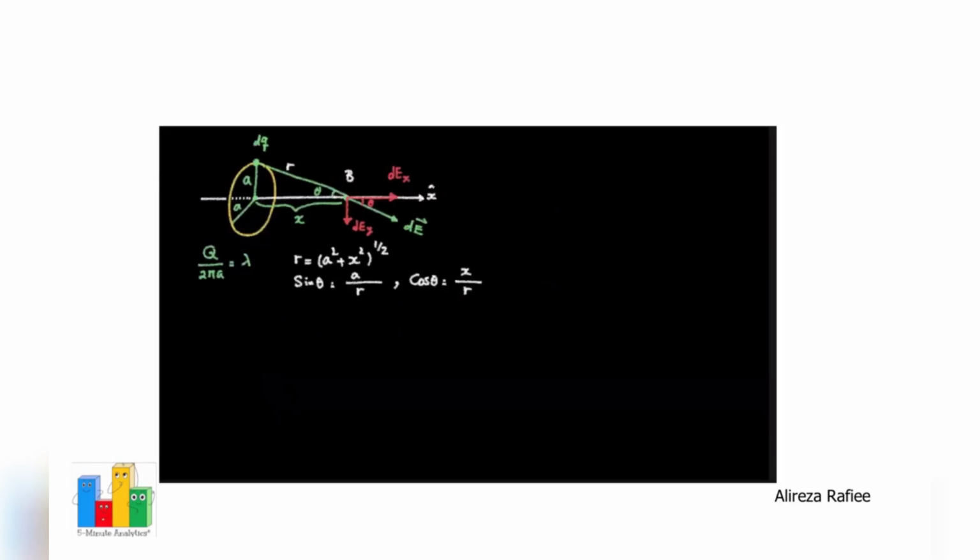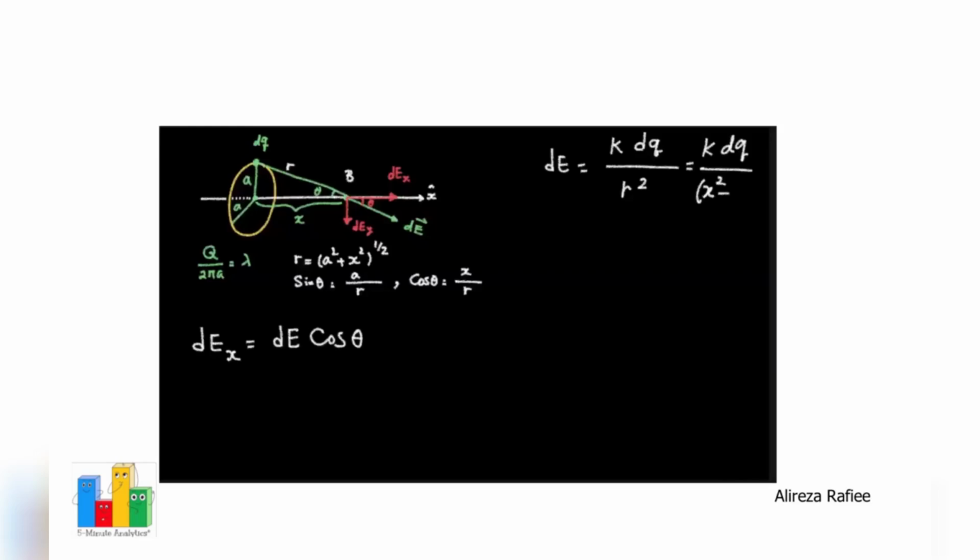Okay, so now let's calculate the value of dE. So dE sub x would be the magnitude of dE times cosine theta. Well, we know that the magnitude of dE is technically k, a universal constant, the Coulomb constant, times dq divided by r to the power of 2, which one can replace with x² plus a².